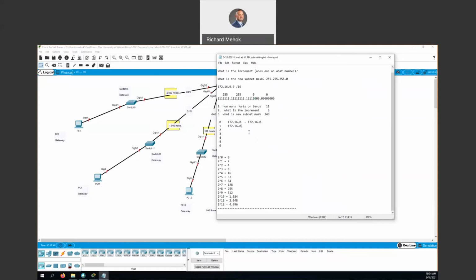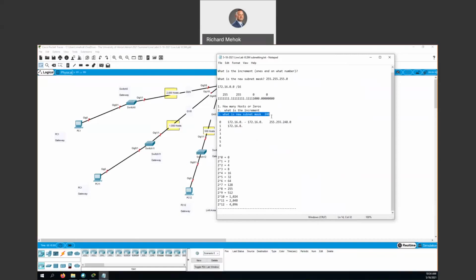So that means this next network is going to start at 8. And so then we need to determine where this one's going to end. So at this point, let's put our subnet mask out here. I'll come back in a second here. 255.255.248.0.